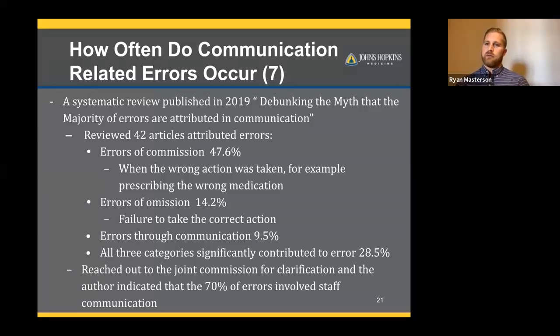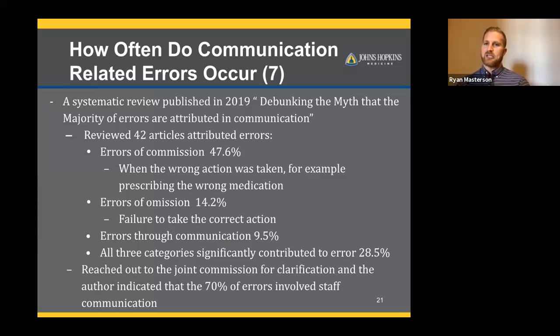Errors of omission were 14.2%, due to failure to take a correct action. And then errors through communication. The last category was a combination of everything, where they found a significant contribution between the 3 above, and that was at 28.5%.